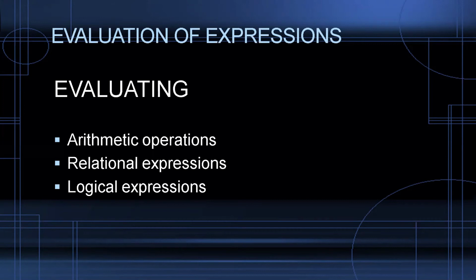In the case of evaluating relational expressions, all comparison operations in Python have the same priority, which is lower than that of any arithmetic operations. All relational expressions, that is comparisons, yield Boolean values, that is true or false.